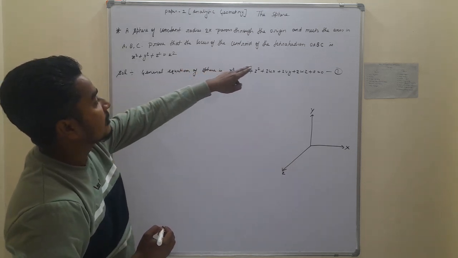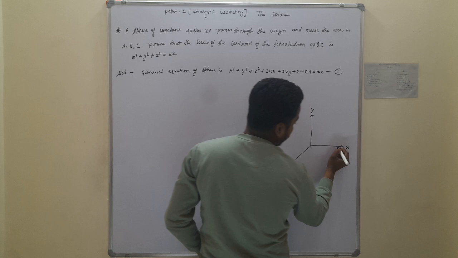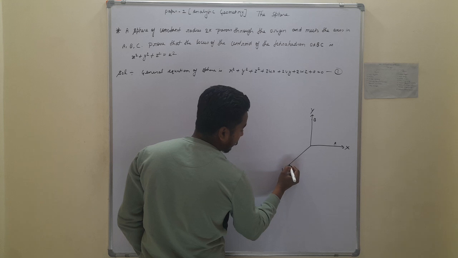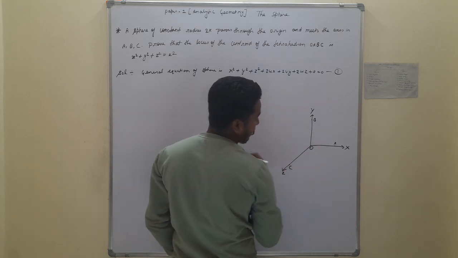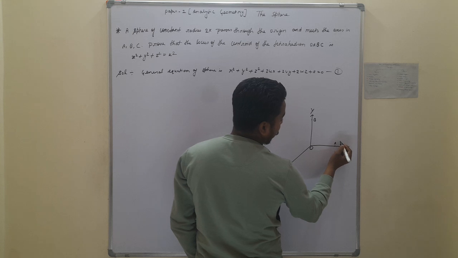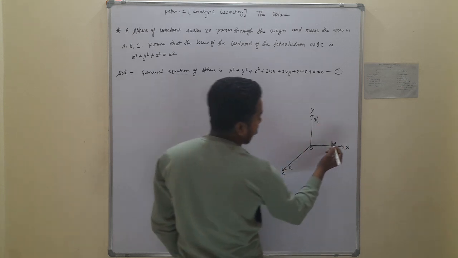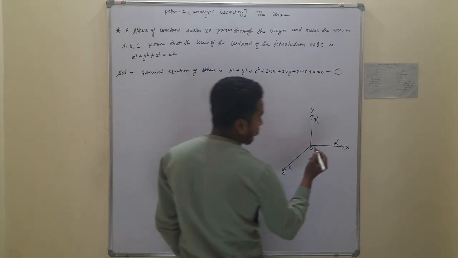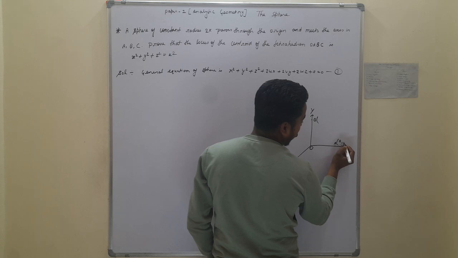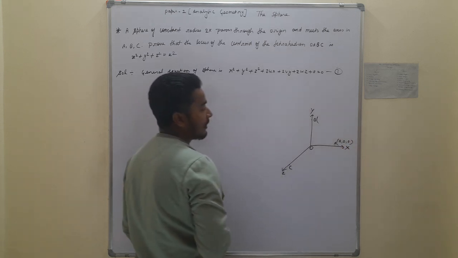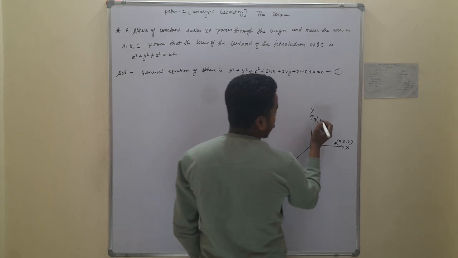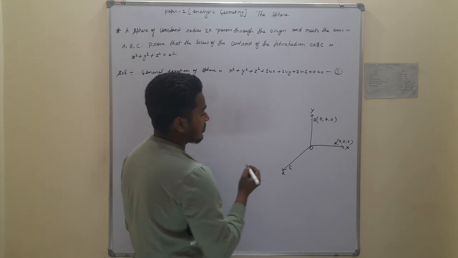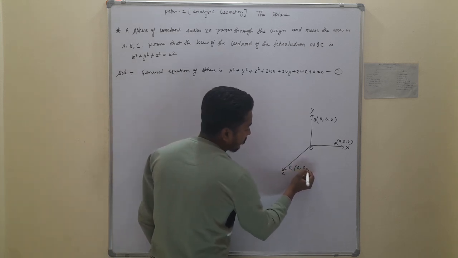Here the sphere meets the axes in A, B, C. The x axis is cut at point A, the y axis is cut at B, and the z axis is cut at C. This is the origin. Let the coordinates on the x axis be a, 0, 0, on the y axis 0, b, 0, and on the z axis 0, 0, c.